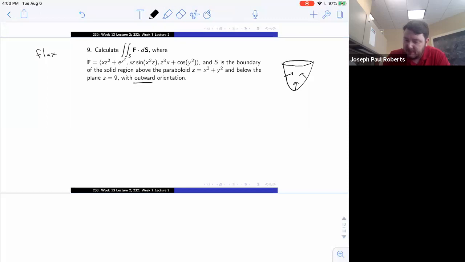Oh, and that's not going to be outward, sorry. But since the solid region is this, the points on the edge also include that disk on the top. So that's what you have to worry about. So the boundary of the solid region will include that top disk.